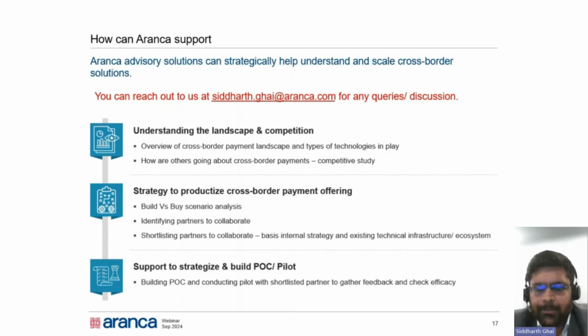Should you integrate with a solution provider, or should you build something of your own, right? We can help you identify and shortlist partners to collaborate with. And we can also help you build and strategize proofs of concept and pilots for your cross-border payment offering as a transaction offering, and then help you implement that within your core banking system.